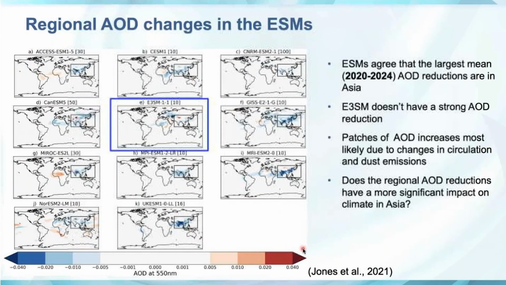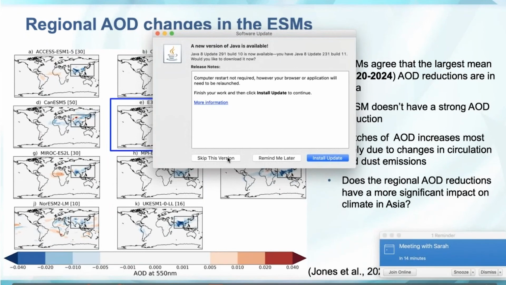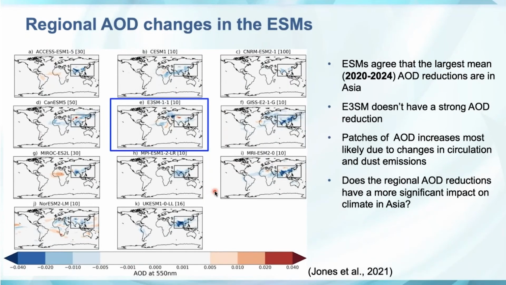This slide shows the regional changes in aerosol optical depth, because the emissions are not uniform. The emissions are concentrated in major source regions, mostly over Asia. So we would expect the AOD change to be most significant in this area. The black box in each panel represents each individual model.